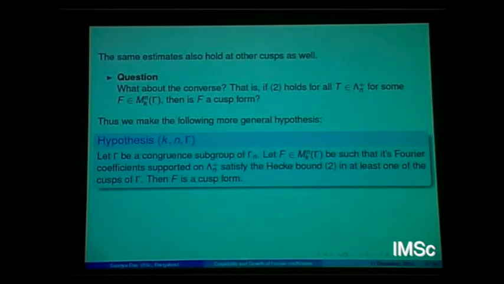There are finitely many cusps, choose any one of them, and suppose there is some growth condition at that cusp. Then it should be sufficient to conclude that f is a cusp form. So in the rest of the talk we will try to state some results in support of the above hypothesis. So this is the question and this is the hypothesis.